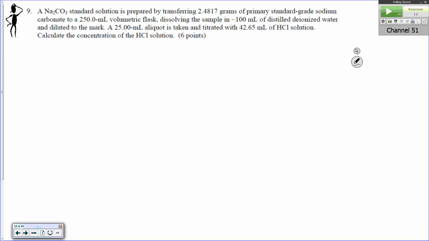Then you dissolved a sample and diluted to the mark. 25 mL is titrated. What's the concentration of HCl?